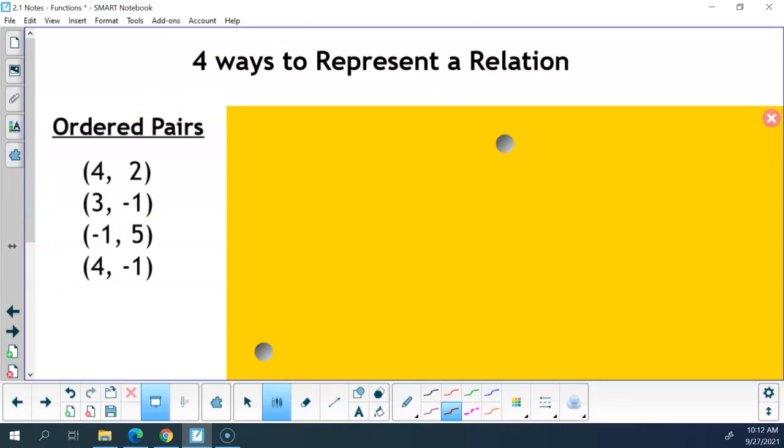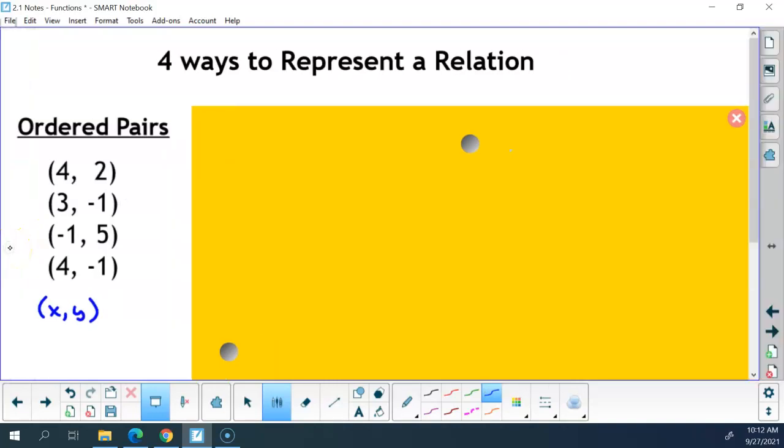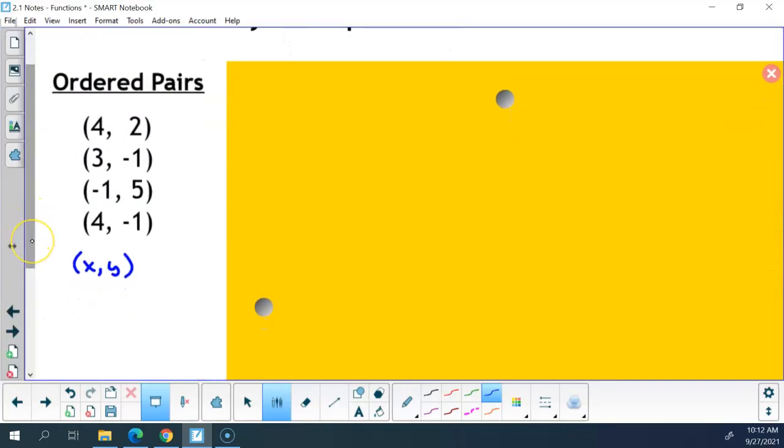So I'm going to show you these 4 points in my representation here. The first one is ordered pair, which is usually x, comma, y. Well, that is also input, comma, output.